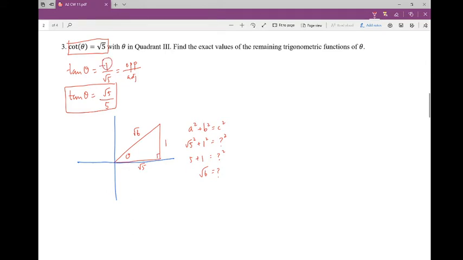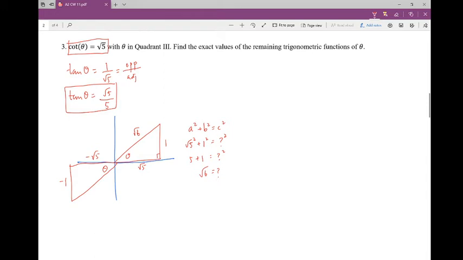It could have been negative so long as the bottom value is also negative. Meaning I could have gotten the same tangent value using a different theta measure, namely this one, where this value is negative square root of 5 and this is negative 1. I would have still gotten this answer here, and therefore this answer right here using this second triangle.